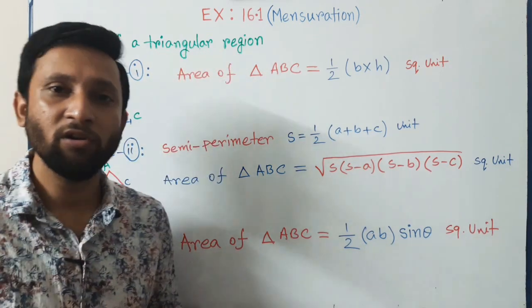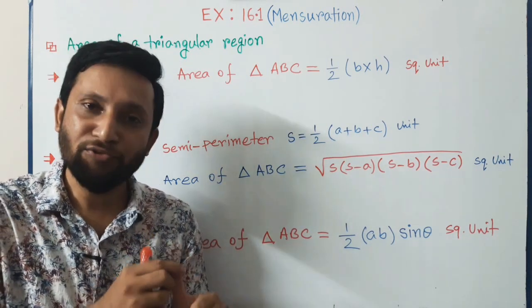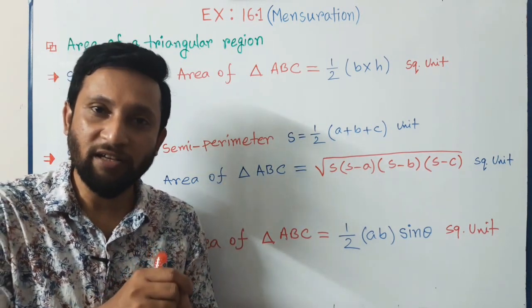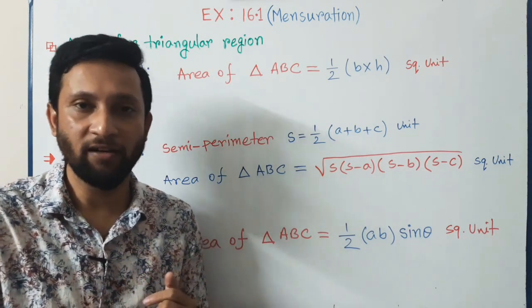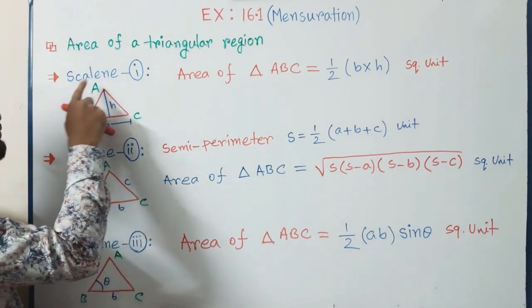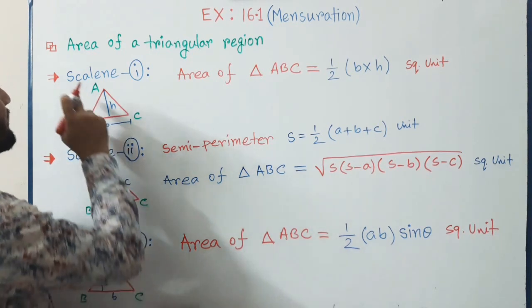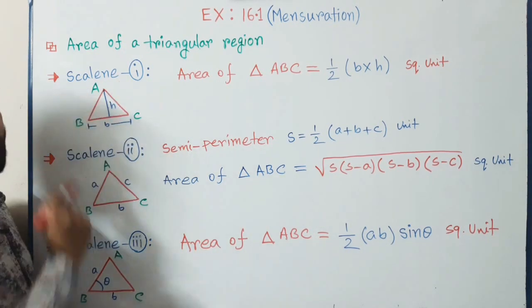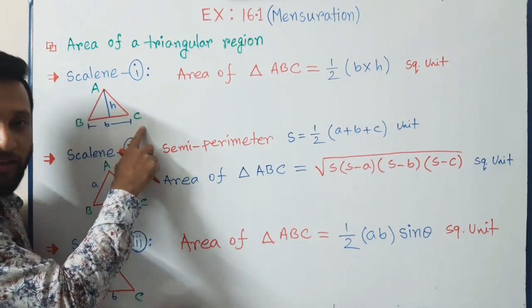We already know different types of triangle, such as scalene triangle, isosceles triangle, equilateral triangle, and then right angle triangle. Now firstly I am going to discuss how to find the area of a scalene triangle. So scalene 1, that means type 1. Suppose ABC is a scalene triangle.